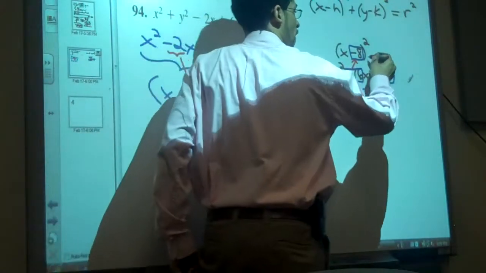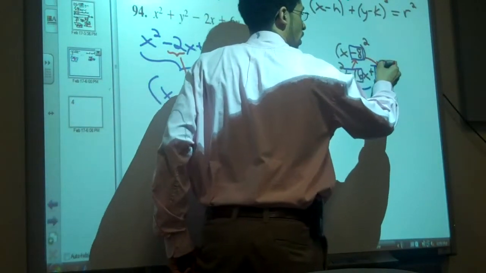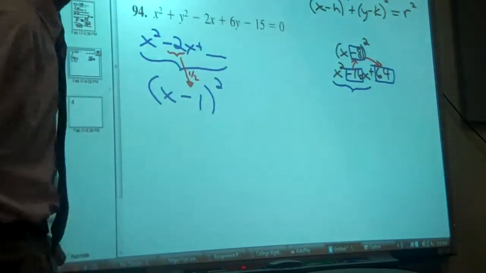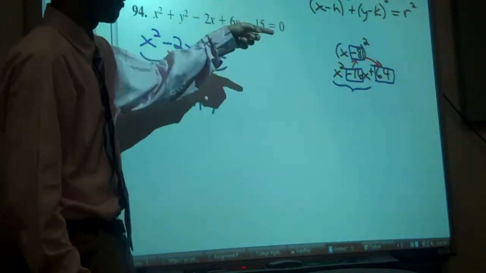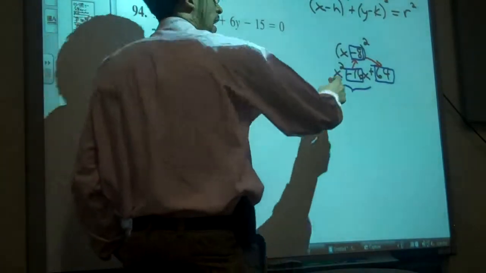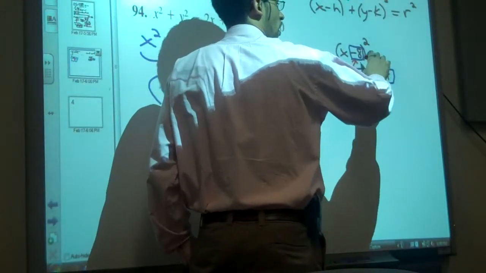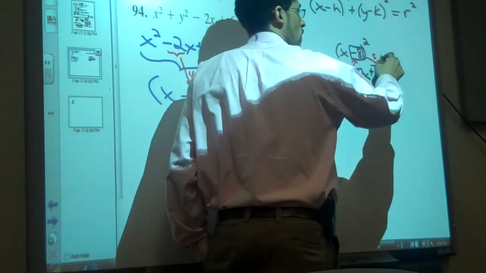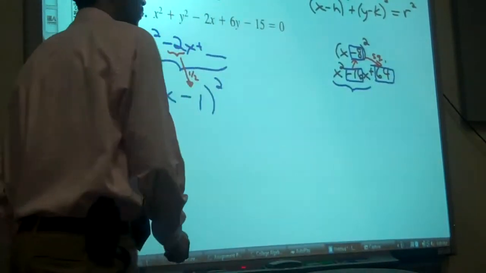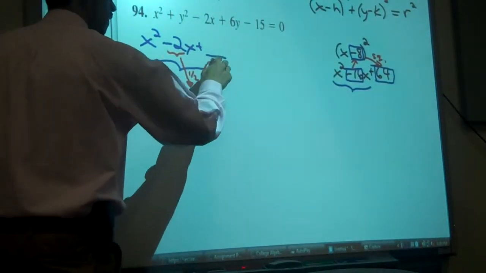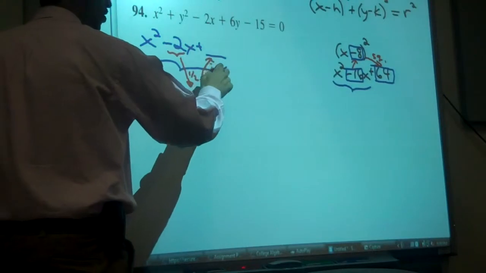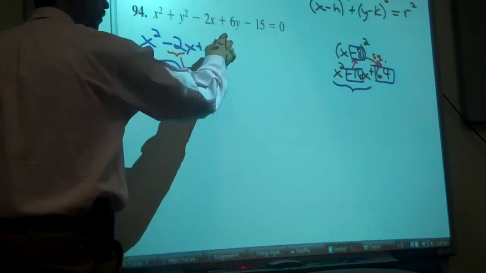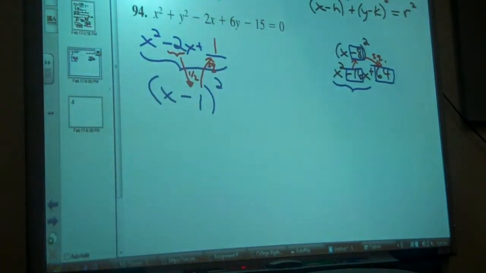The relationship here between the 8 and 16 isn't directly related to the 64. You have to go by way of the 8. So we take half to get to the negative 8, and then we square to get to the 64. Unfortunately, 1 squared is just 1. And so that's a perfect square, but we physically changed the equation because we've added 1.